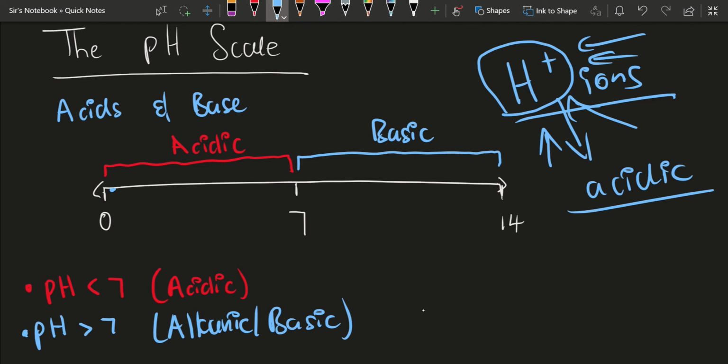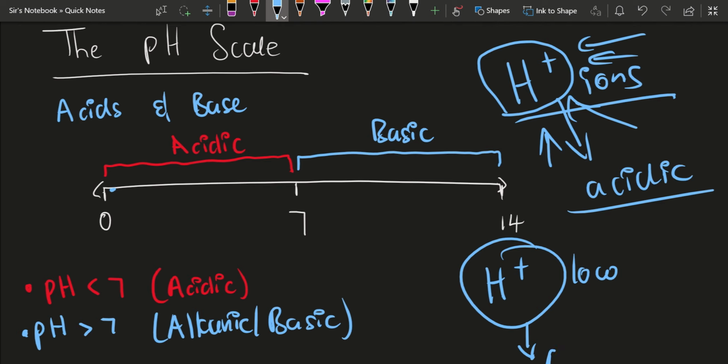And then obviously, if a substance produces a low concentration of H plus ions, we say that it is basic. It's a base.